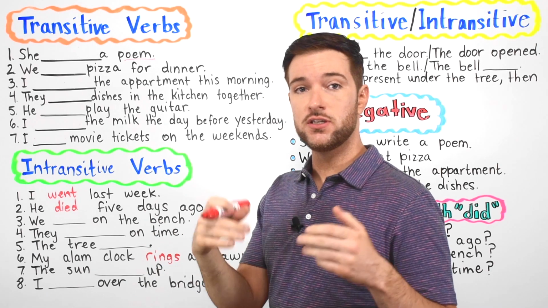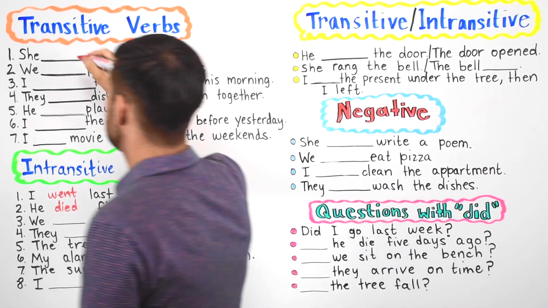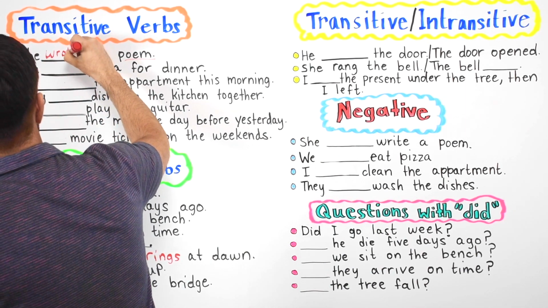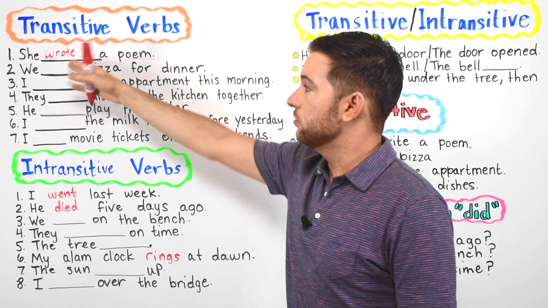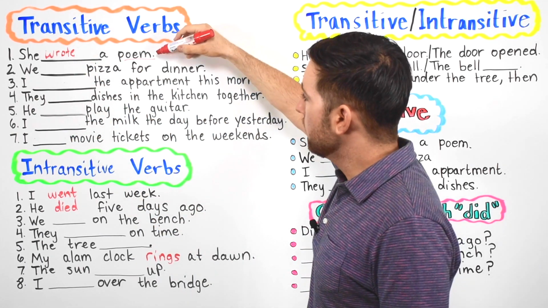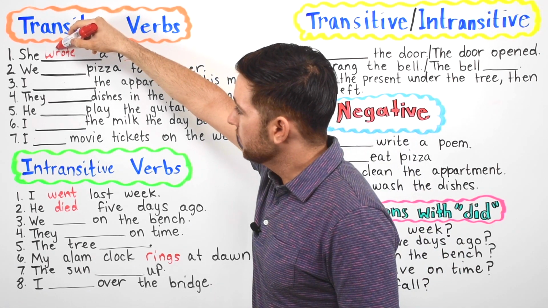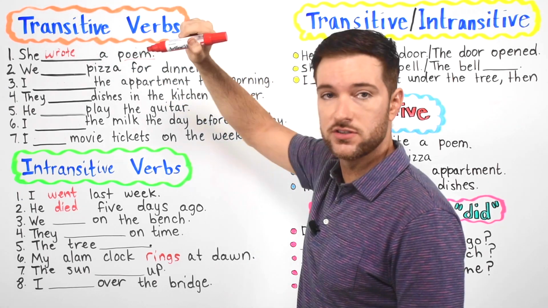We could say she created a poem. She wrote a poem. Okay, so she wrote a poem coming from the verb to write, and poem is the object. The action coming from this verb is performed on the object, which is the poem.